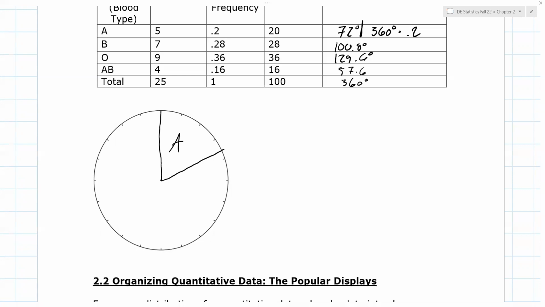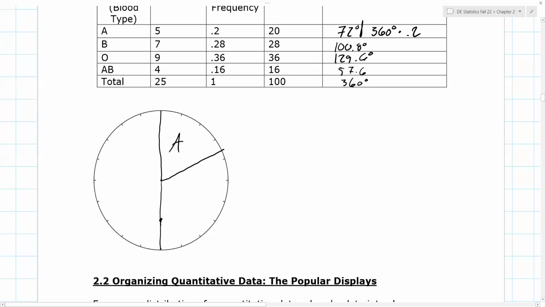Next, I'm going to go for B. And when I add A and B, that's almost 180 degrees. So that means almost half of my circle should be a combination of A and B. Not quite. So this line won't go straight down. Straight down would be exactly 180. It's a little bit less than that.